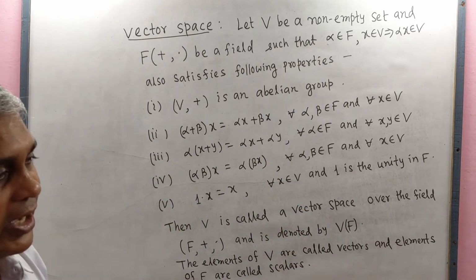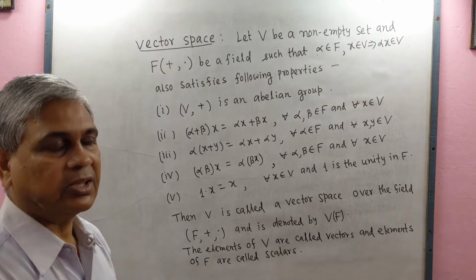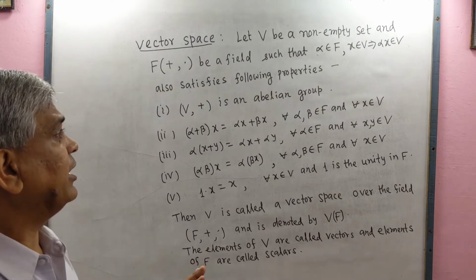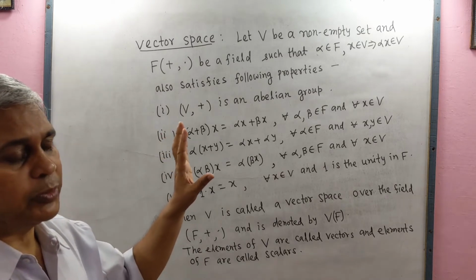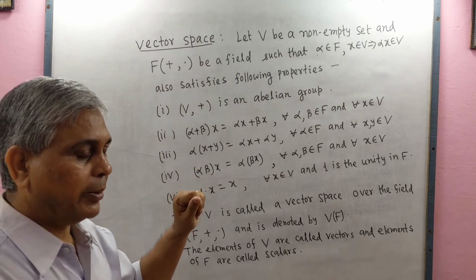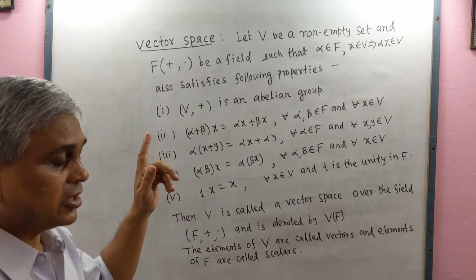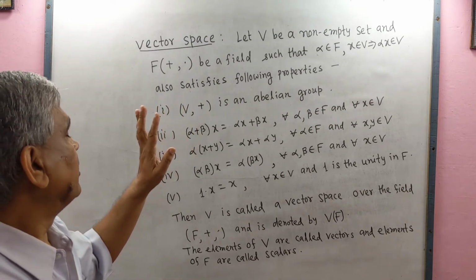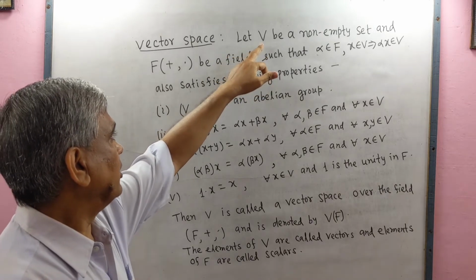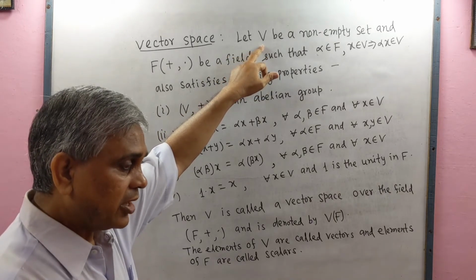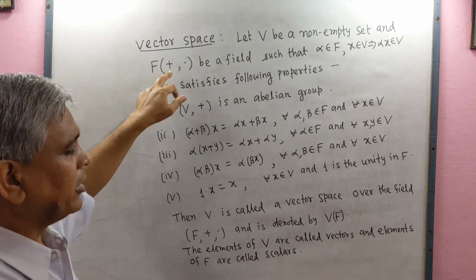The elements of V are called vectors and elements of F are called scalars. Here we have taken two sets V and F. With the help of two sets we have constructed a new concept that is called vector space, where V is the set of vectors and F is the set of scalars.